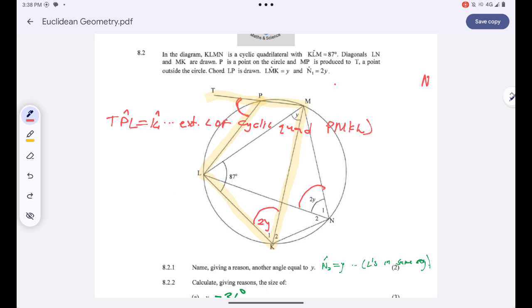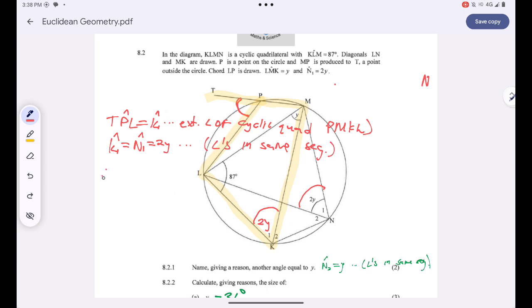However, I also know that angle K1 is equal to angle N1, which is equal to 2y. These are angles in the same segment. Are you together?